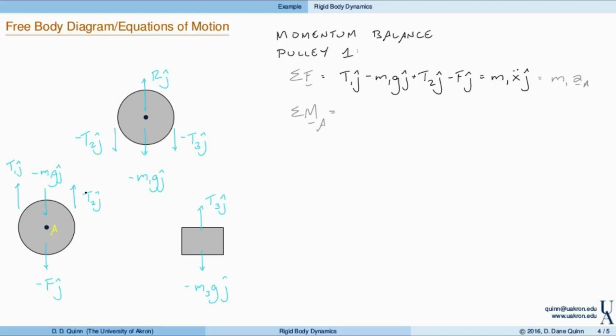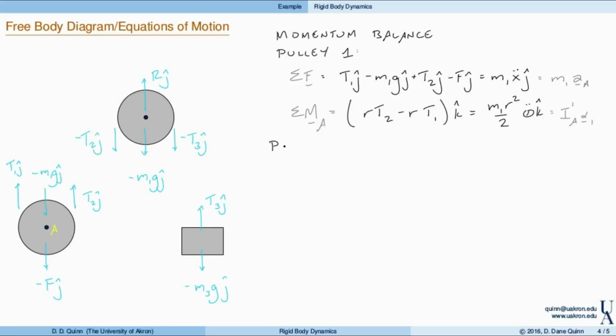So the moment produced by T2 is R times T2 in the k direction, and the moment produced by T1 is minus R T1, both in the k direction, which is equal to the moment of inertia of this disk, m1 r squared over 2, times the angular acceleration, which is theta double dot k. So again, this is I of body 1 about A times alpha 1. Moment of inertia times angular acceleration.